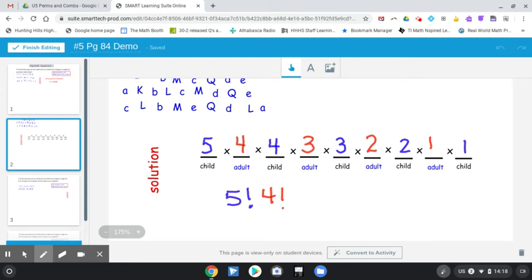Now my trusty calculator tells me that would be equal to 2,880 possible ways to line them up for a picture where the adults and the children are being alternated. All right, so there's 2 groups, 2 factorials.